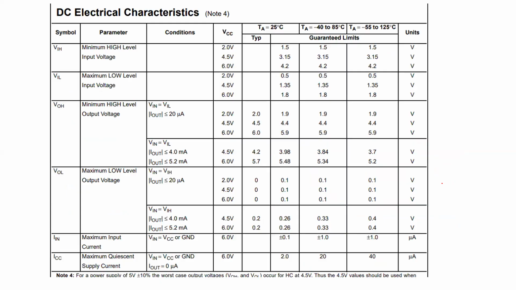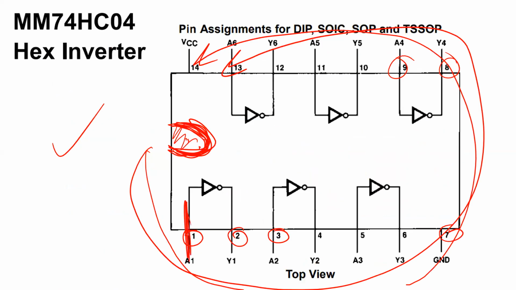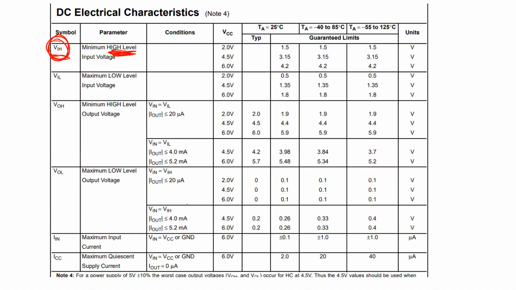Also here it gives you some information about V input high. V input high is the minimum voltage that can be taken as input. If you have an inverter here, what is the minimum voltage I have to enter here to be counted as logic high? This value depends on several things. I think it depends on the temperature, and it also depends on VCC.